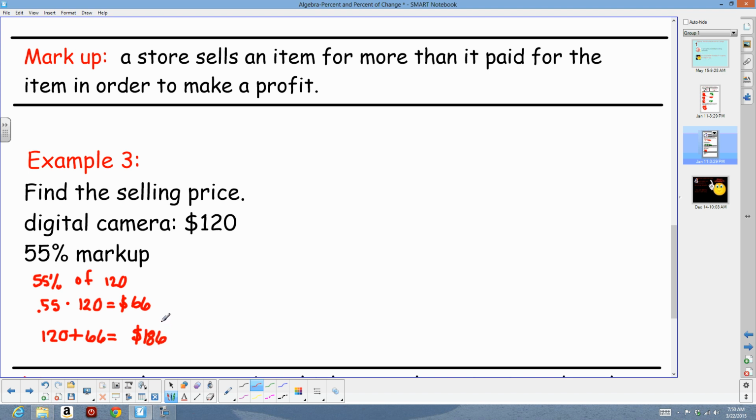So it was sort of a two-step process. We first figured out 55% of the price, and then we added that to the original starting point.